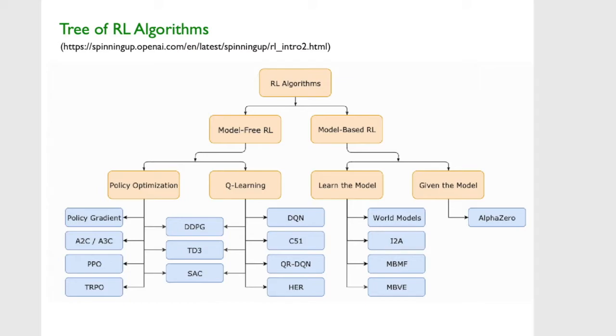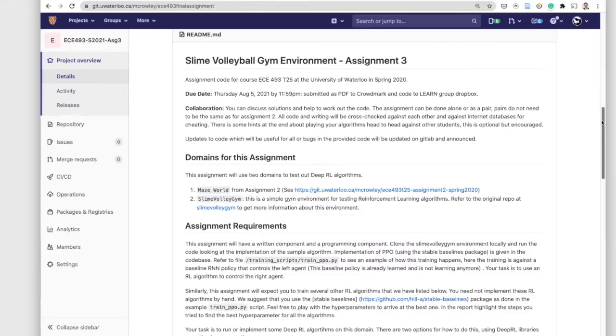This figure comes from OpenAI, which is an organization that's contributed a lot to reinforcement learning research in recent years, just like other organizations, universities, and companies like DeepMind. A lot of this research and advancement is not necessarily happening in universities at the moment because there's a lot of exciting applications from reinforcement learning.